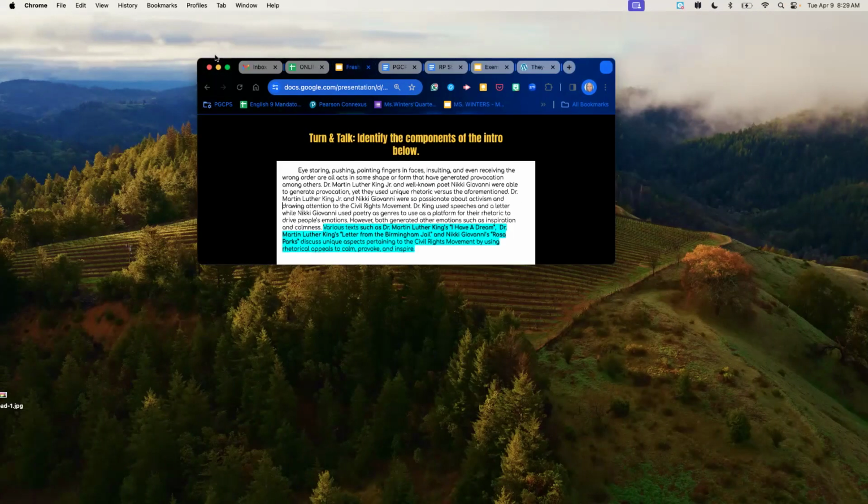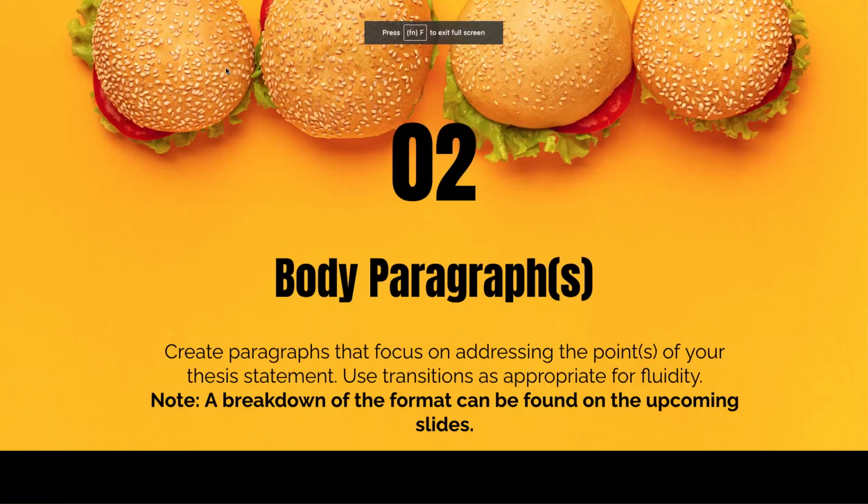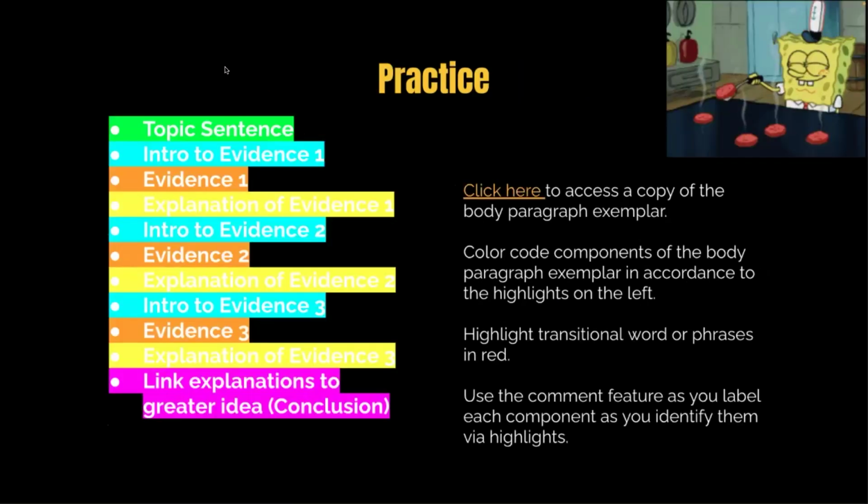So then the next component would be the body paragraphs. So here's a breakdown of the actual format. All right. So you will need to have your topic sentence, which basically introduces your point with a transitional word or phrase. Then we have your intro to evidence sentence, also known as a supporting detail.